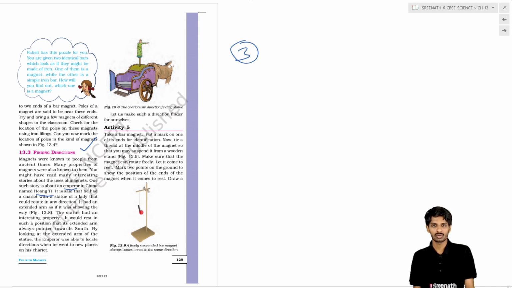Don't make so many revolutions, just give a slight push and leave it. What happened? After some time it will settle in one direction. Suppose after some time it has settled in this direction.